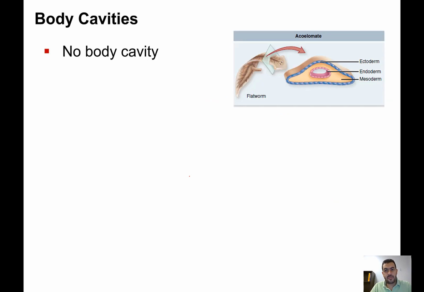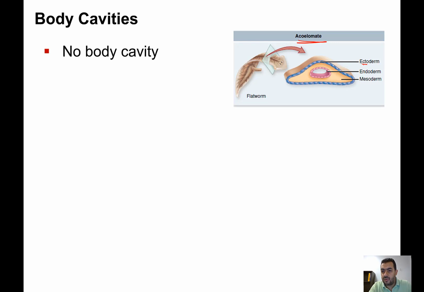So the first group, and we are listing them here in terms of complexity or in terms of degree of development. The simplest type of animals are those characterized by having no body cavity. So these are acoelomates. As you can see here, we have the ectoderm, which we have described, the outermost layer of the germ tissues.